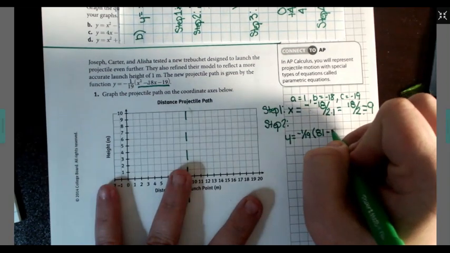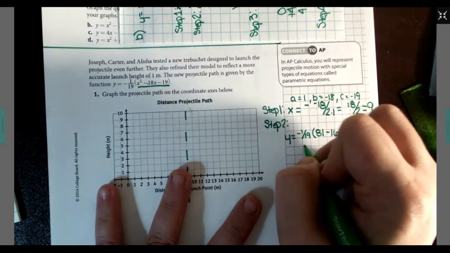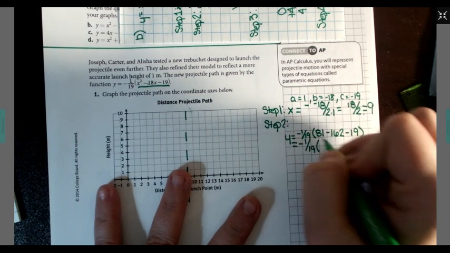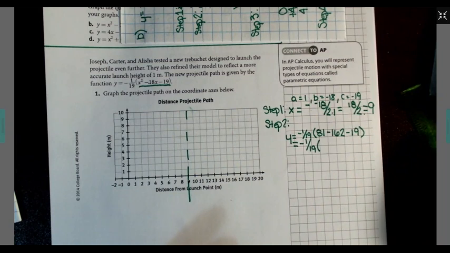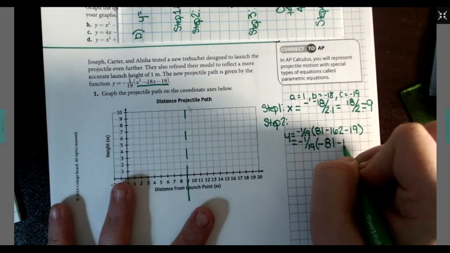So that's going to be minus 162 minus 19. We're going to simplify what's in parentheses. 81 minus 162 is -81, minus 19.